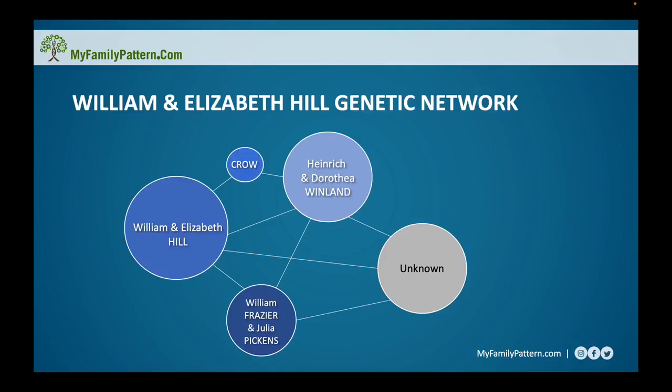Okay, so we've taken a really good look at the genetic network that I found in Ancestry, and I've reproduced it here very simply to highlight some of the things that we found. Again, there were a number of matches within that genetic network between myself and the descendants of Anna Hill that also descended from William and Elizabeth Hill.